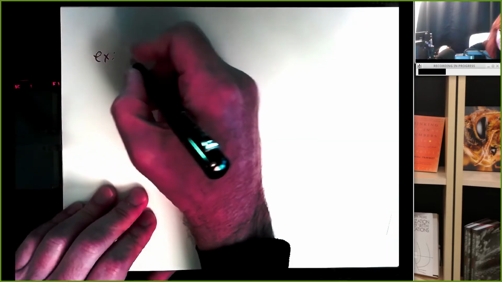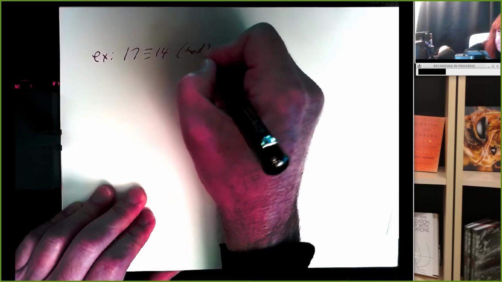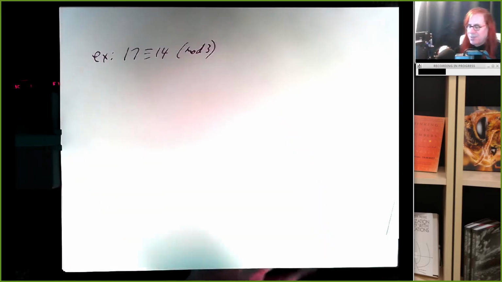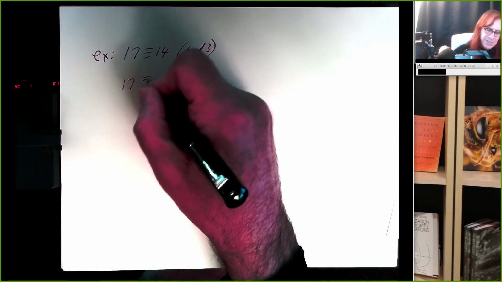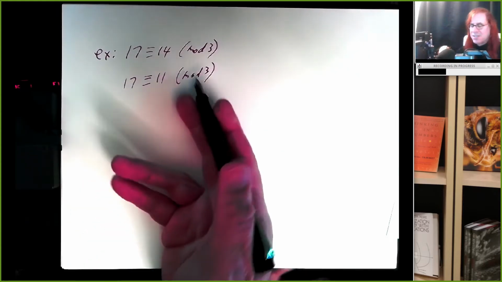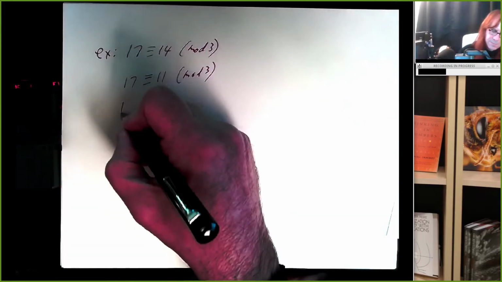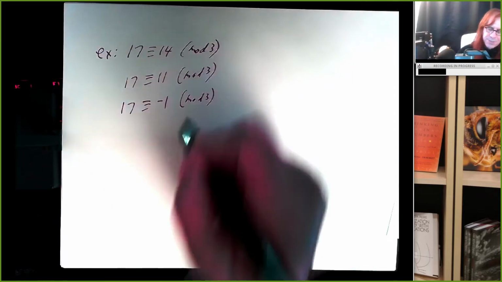So for example, 17 is congruent to 14 modulo 3. Why? Because the difference of these two numbers is 3, and 3 divides 3. 17 is congruent to 11 mod 3. Why? Because their difference is 6, and 3 divides 6. 17 is also congruent to minus 1 modulo 3.